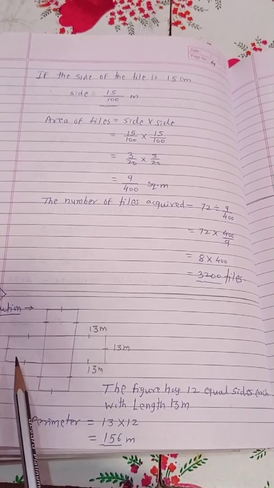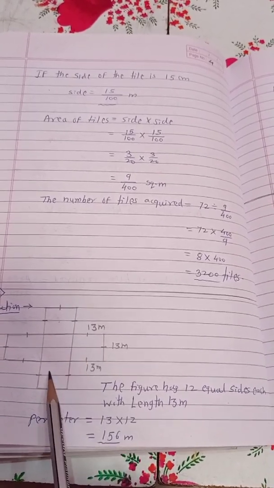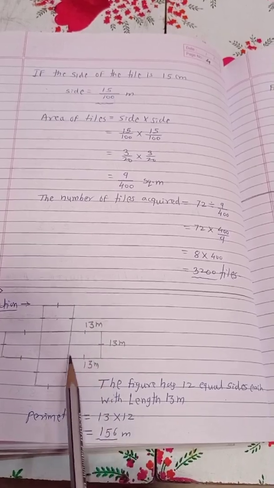When you are taking the area, we have to take the inner side. First you find the area of 1 square.